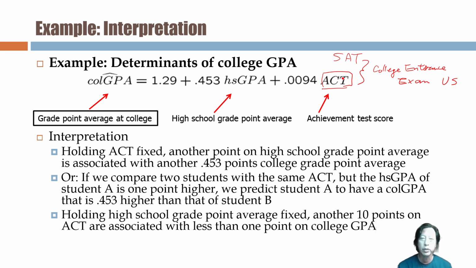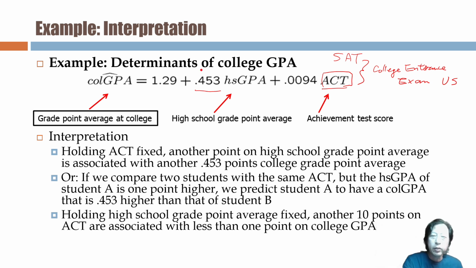Then what will be the college GPA? The student who has a 1 point higher high school GPA will get a college GPA higher by 0.453. That's what this 0.453 means.